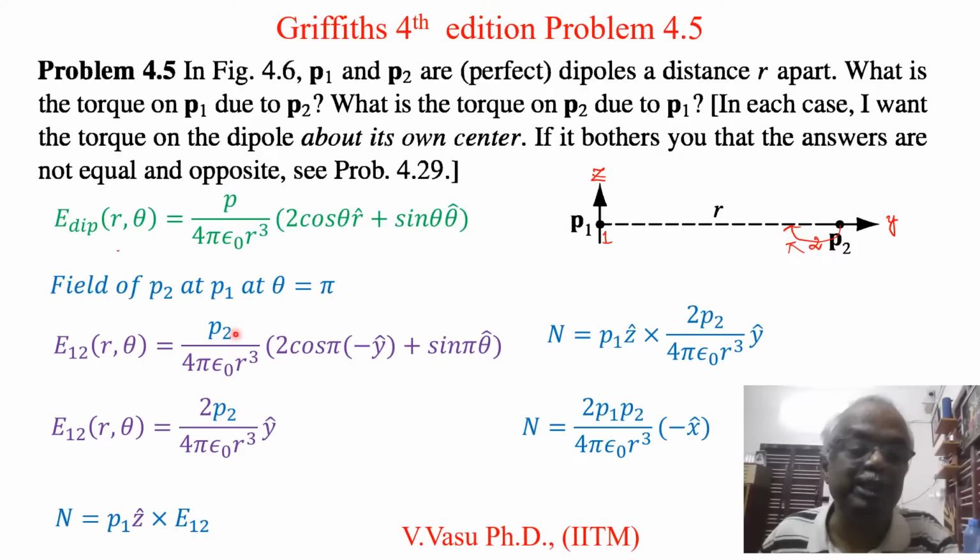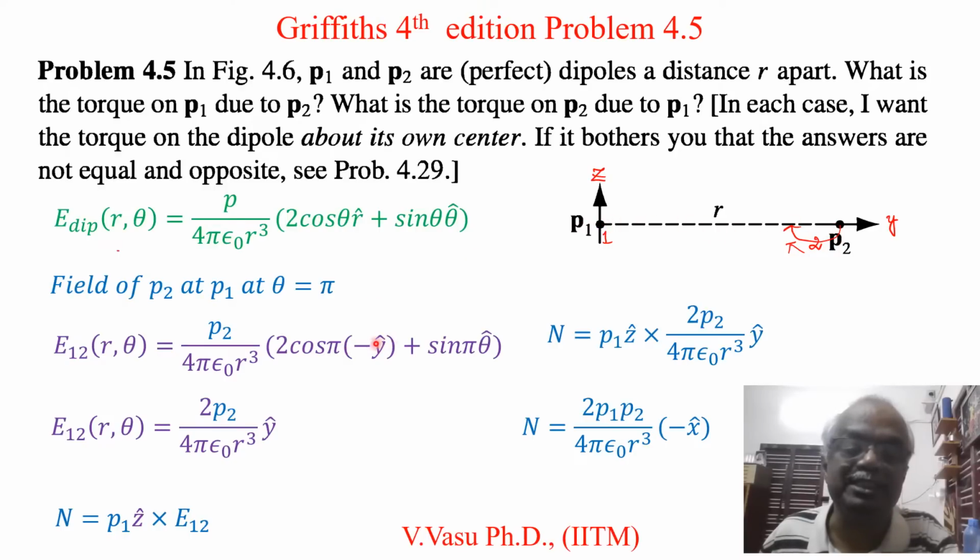So P will become P2 divided by 4 pi epsilon naught r cube, 2 cos pi, and the direction here is minus y hat. Why I used y hat is, see, the electric field is along this direction, that is outwards here. So I have used a negative sign. We are finding the electric field from P2 to P1, so the origin is P2, that is point 2. Point 2 to 1, so it is in the negative direction.